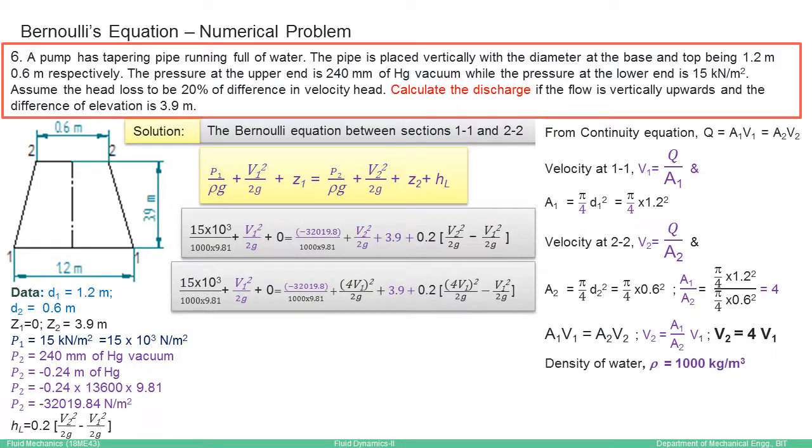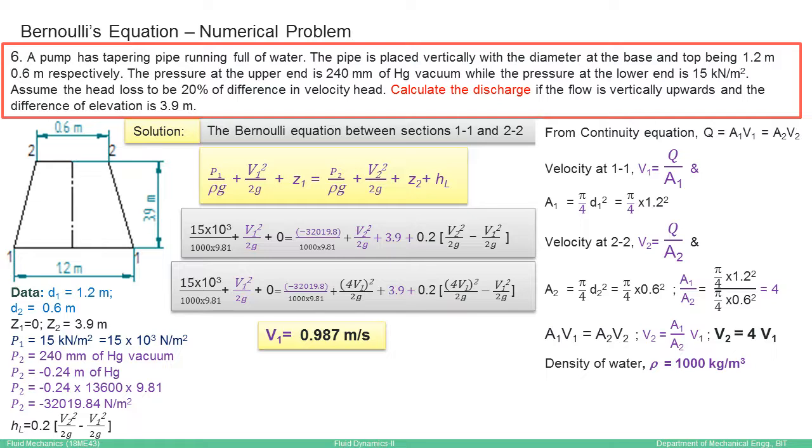So now we can have these substitutions in the equation. Since v2 is 4 times v1, we replace v2 by 4 v1 in the equation, so that we can get the v1 value, that is 0.987 meter per second.